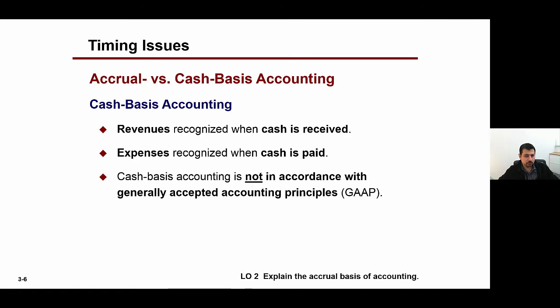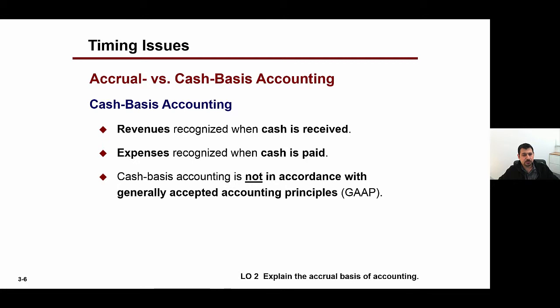Throughout this semester, throughout all the courses, we will be dealing with accrual basis accounting, because under US GAAP, companies are not allowed to use cash basis accounting. However, one would think, why would anyone want to use cash basis?